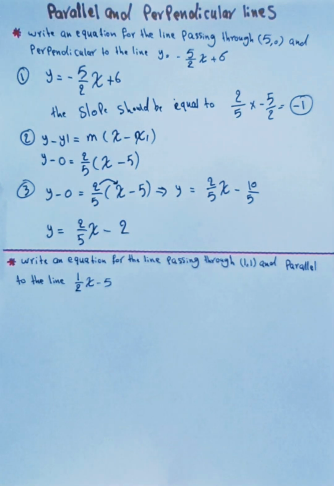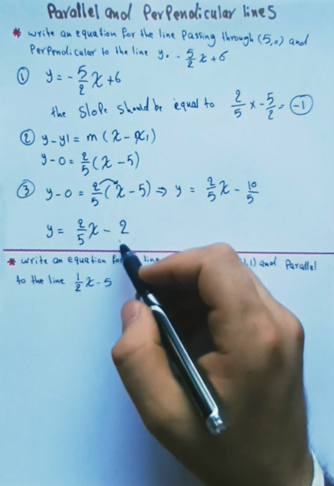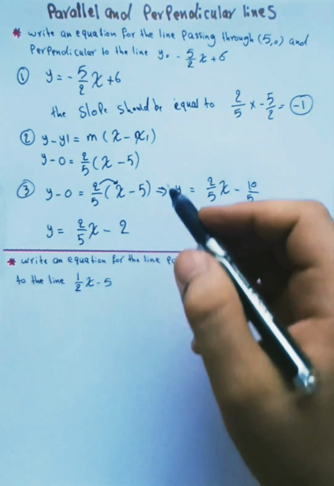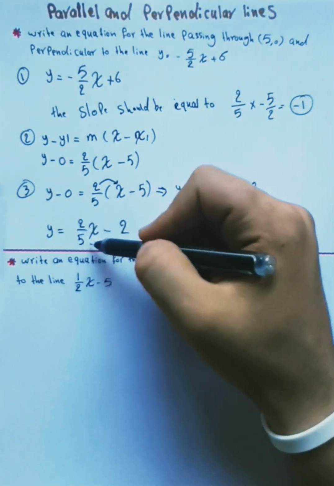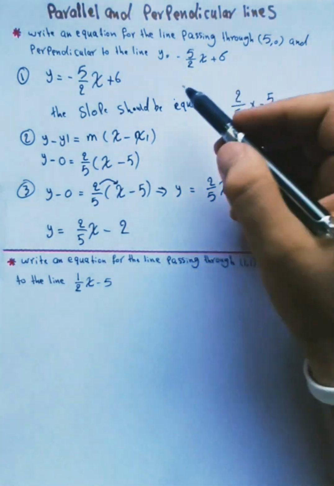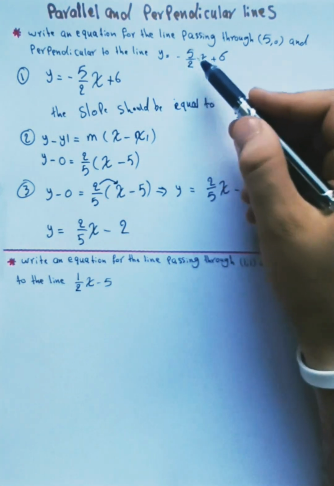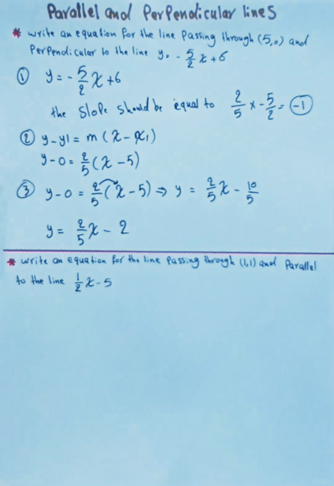So the new line y equal to 2 out of 5x minus 2 is perpendicular to y equal to negative 5 out of 2x plus 6.